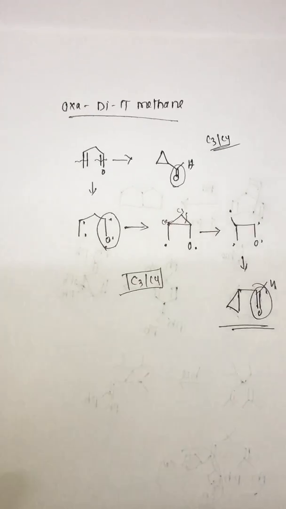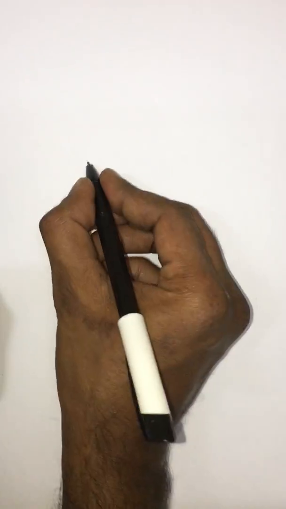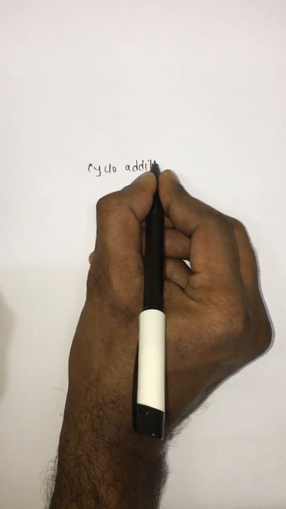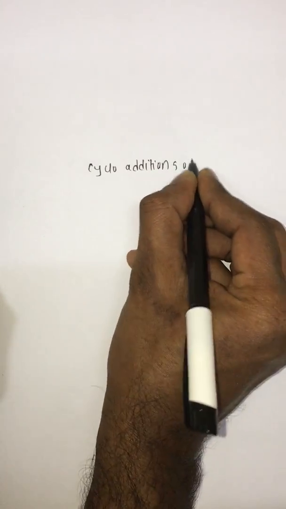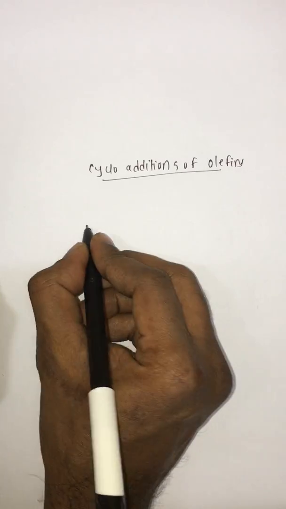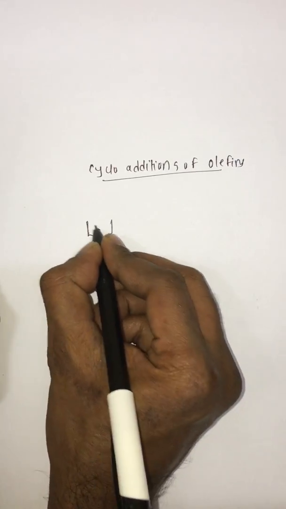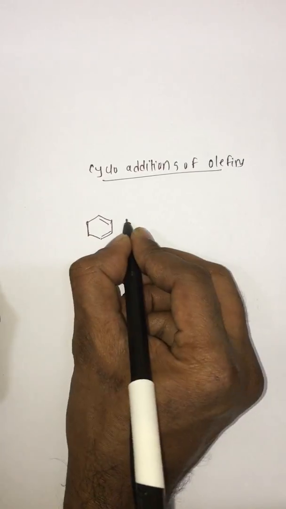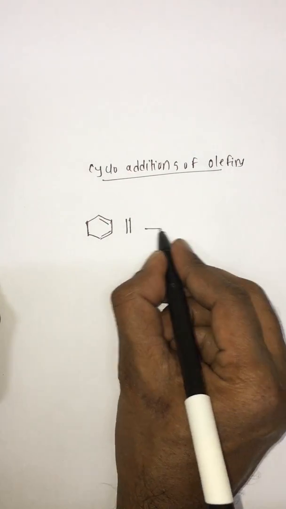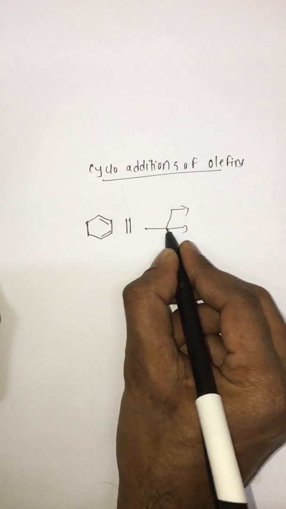And one more, cycloadditions of olefins. So when we have a diene plus this olefin, here we will get 3 products.